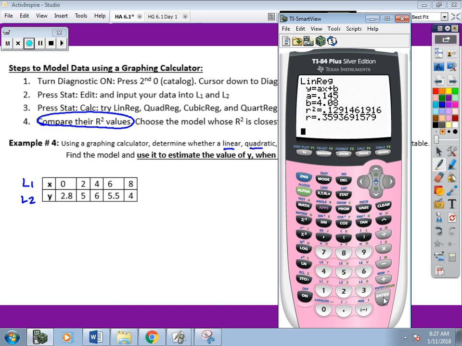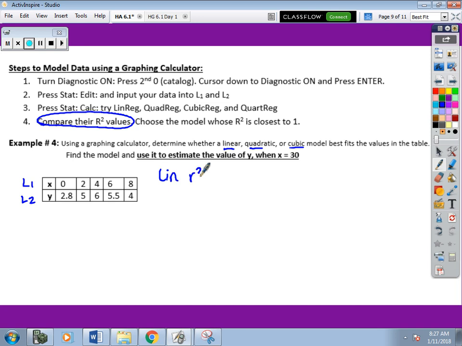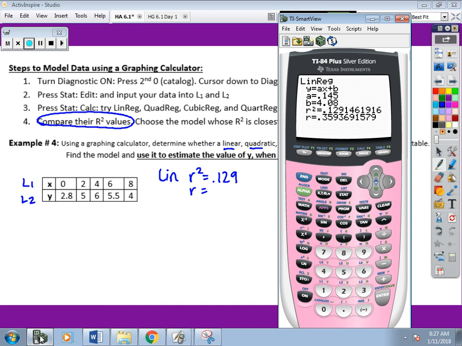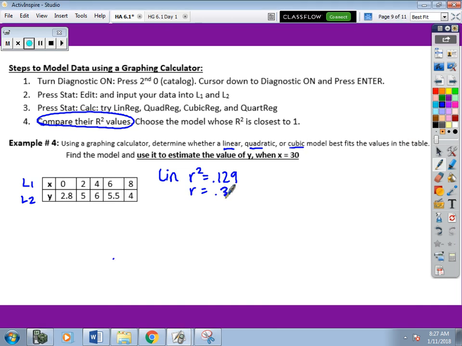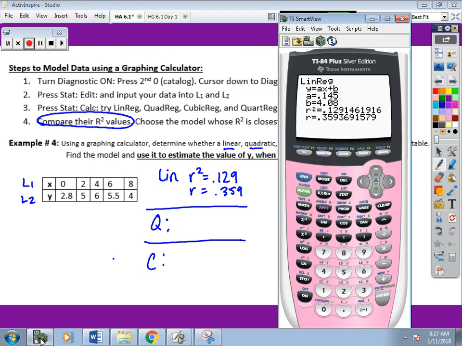For the linear, we can see that our R squared value is 0.129. Our R value also, which we've looked at before, is 0.359. We're going to do the same thing for quadratic and cubic, and we're going to see which one is closest to 1, which means it's the best fit. You don't have to retype the data, just press Stat, arrow to calculate.